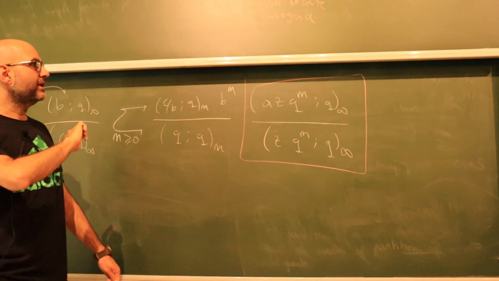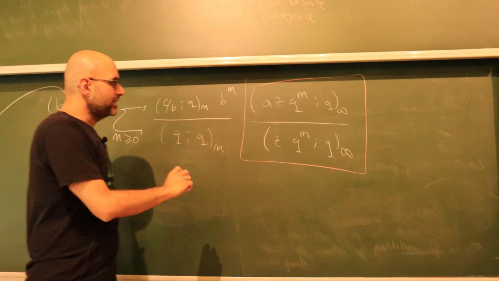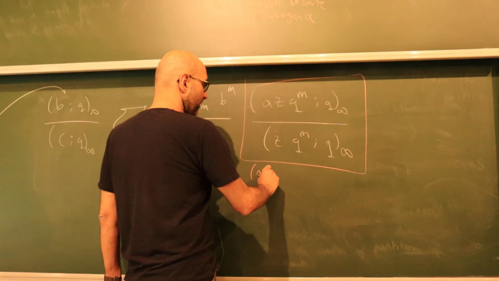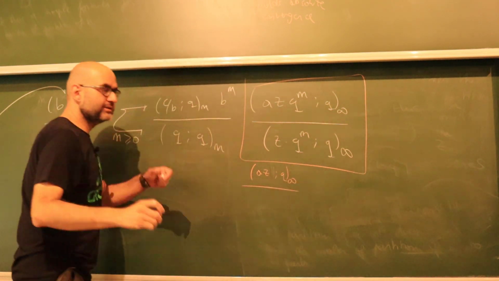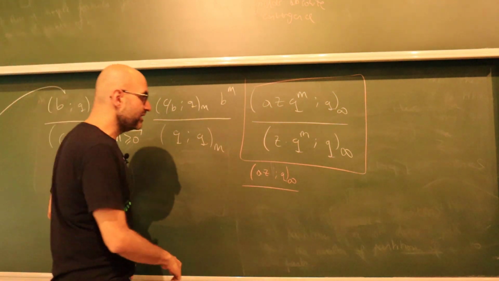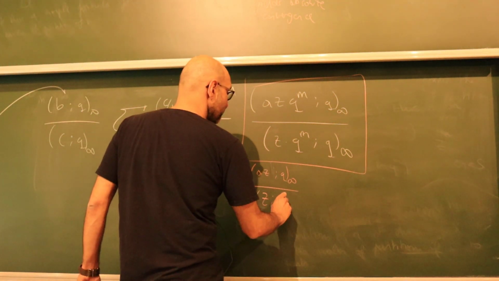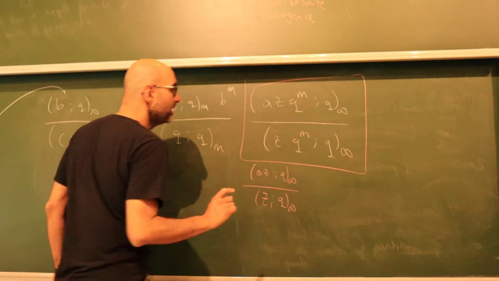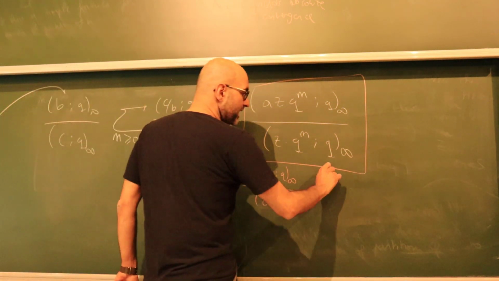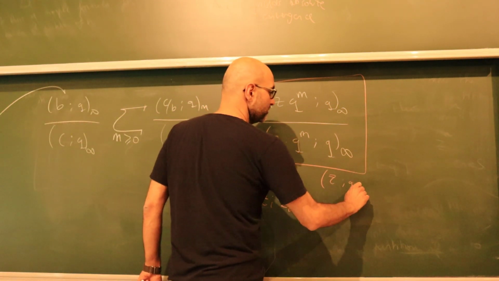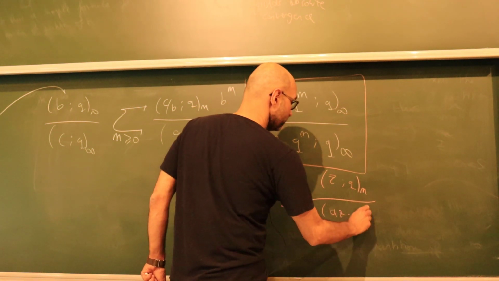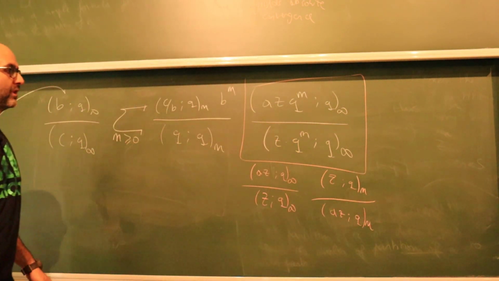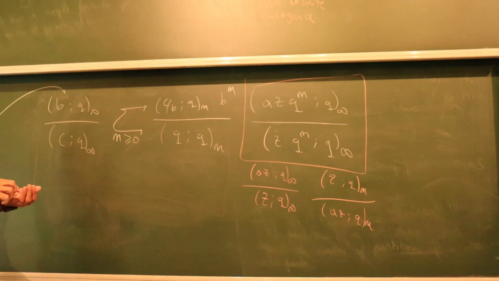I wish I didn't erase that part, but this is nothing but AZ sub infinity. Just supply and take out the missing factors. ZQ sub infinity. What are the missing factors? They are exactly ZQ sub M, AZQ sub M. Once we do that, we are done.